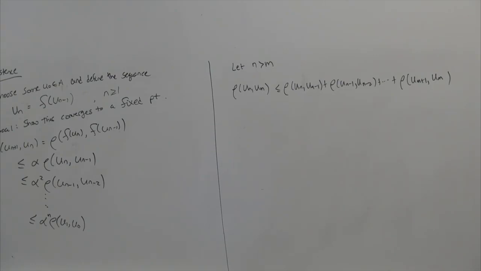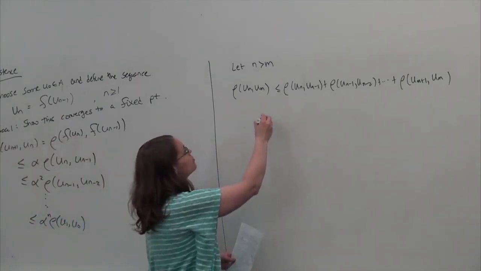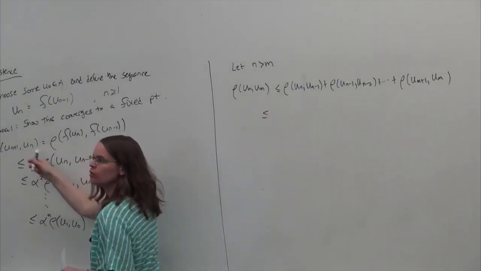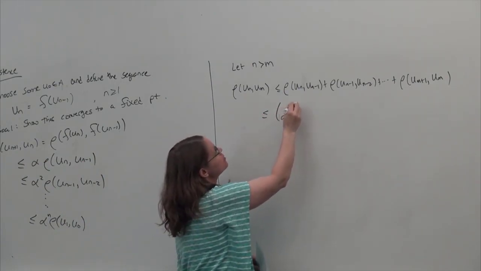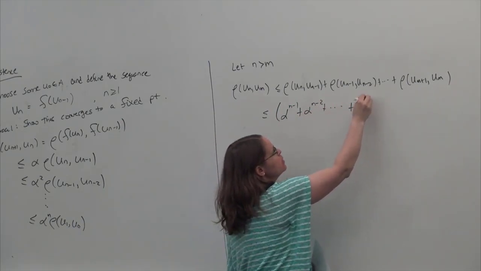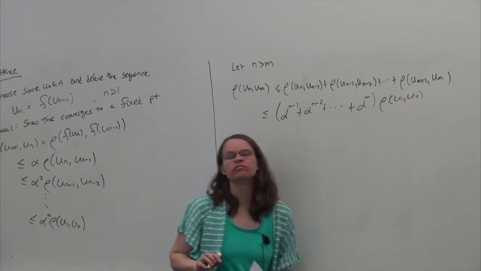And the distance between neighboring terms, I can bound really precisely. So this is bounded by alpha to, I guess, the lower power: alpha to the n minus 1 plus alpha to the n minus 2 up to alpha to the m, all times this same number, just this initial distance.